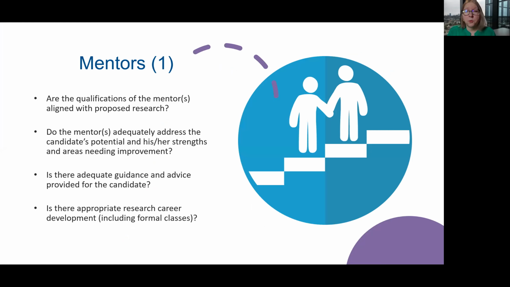Now, mentors are an important part, and they're going to look at the qualifications of your mentors in terms of both their experience in successfully training other folks. They're going to have to list a description of who they've trained and what their current positions are, as well as their expertise in the area and their own relationship with you.